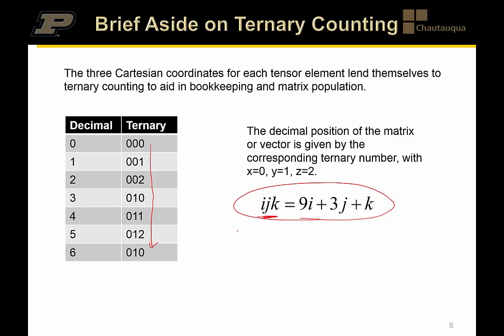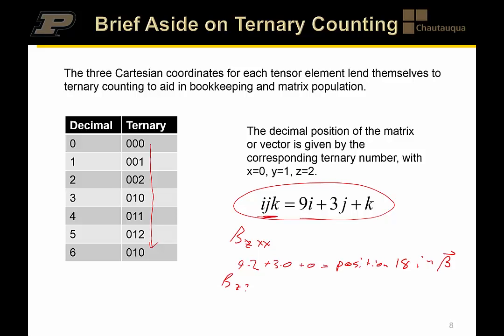So, for example, if we want to consider what beta zxx is in a vectorized form, what position that occupies in the vectorized form of beta, that entry is going to correspond to 9 times 2 for the z, plus 3 times 0 for the x, plus 0 for the x. So that will correspond to position 18 in beta in the vectorized form.